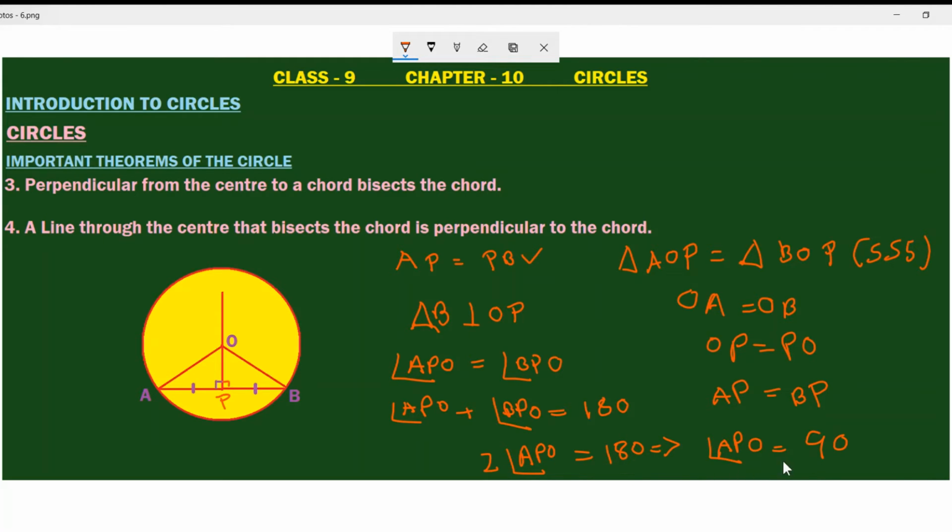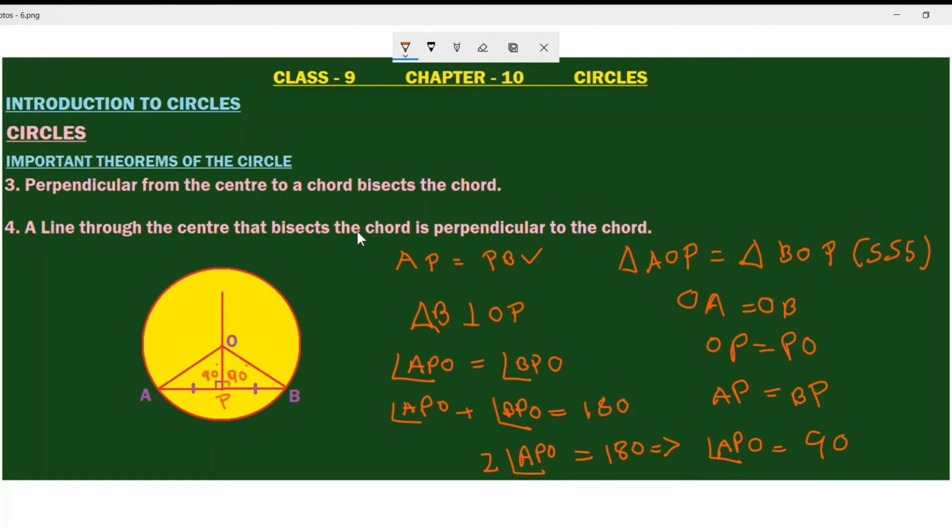So if you simplify you will get 90 degrees. If APO is 90 degrees, and we already know APO is equivalent to BPO, then BPO is also 90 degrees. Then we can say OP is perpendicular to AB. Hence we have proved this theorem.